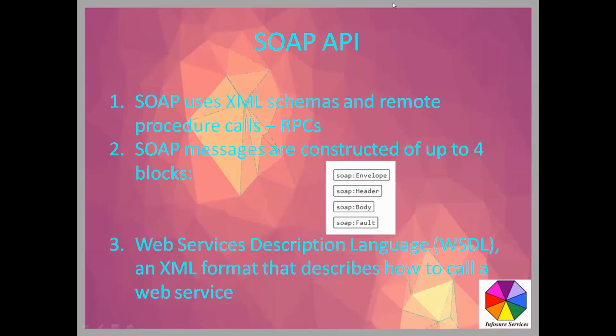SOAP uses XML schemas and remote procedure calls. So this is a little bit of how the technology evolved. It started with SOAP messages, and SOAP messages are constructed of up to 4 blocks.